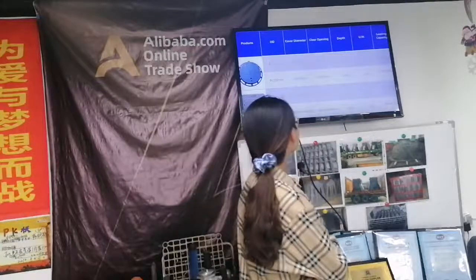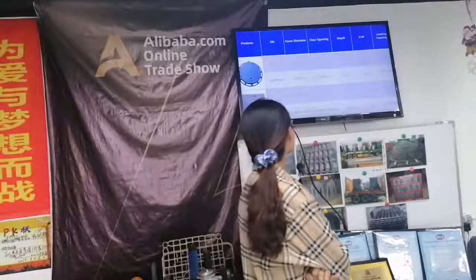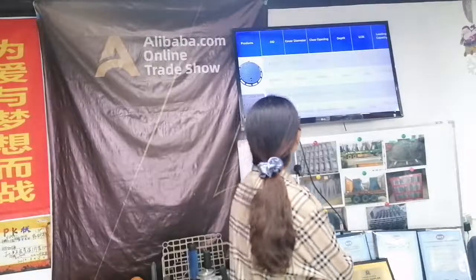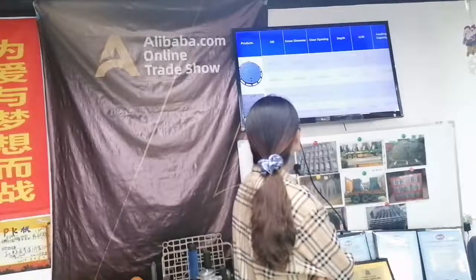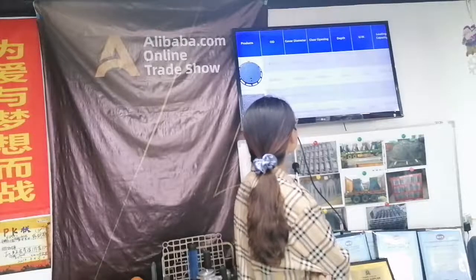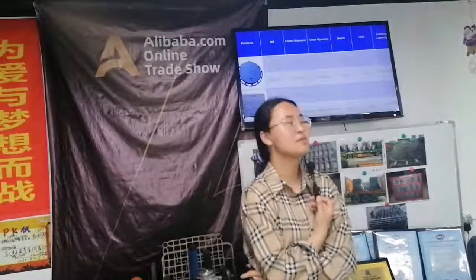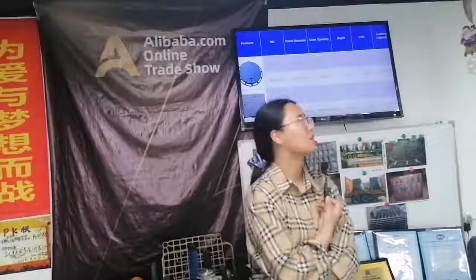The second one. The shape for this one is square, and you can see the length is 400 mm. The width is also 400 mm, and the depth is 30 mm.